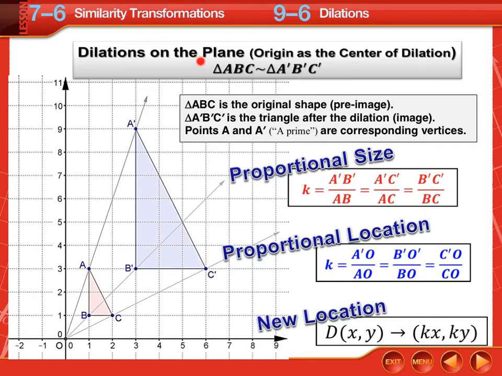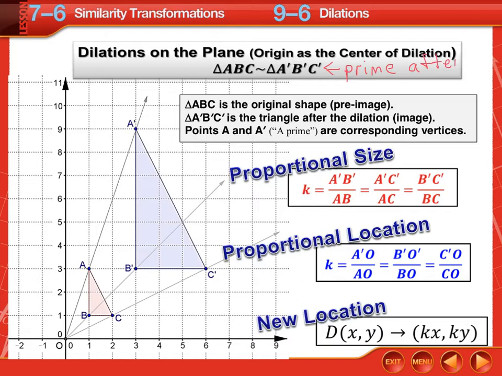But we're told that they are similar, and by convention, the vertices always are listed in corresponding order, and the vertices with the prime symbols, that is the after transformation.